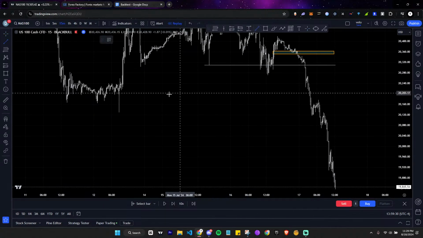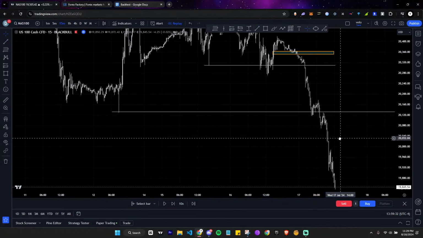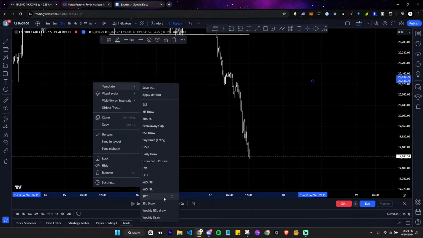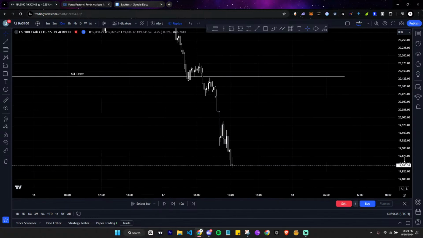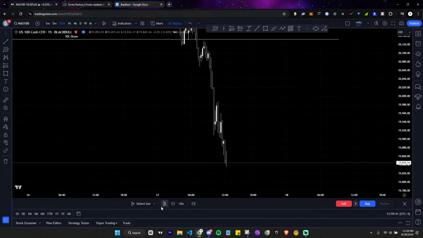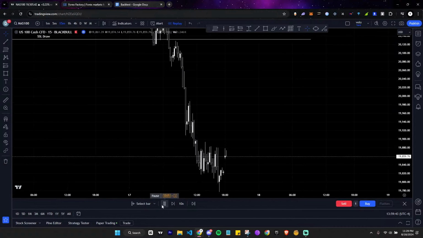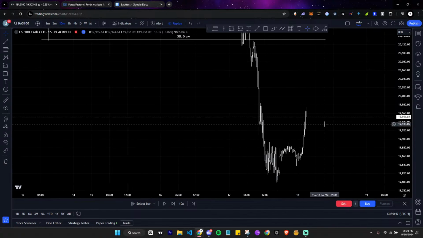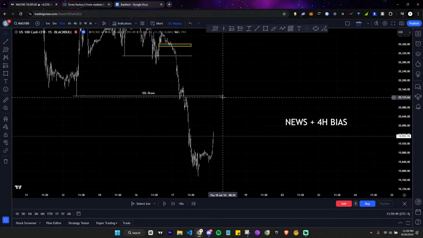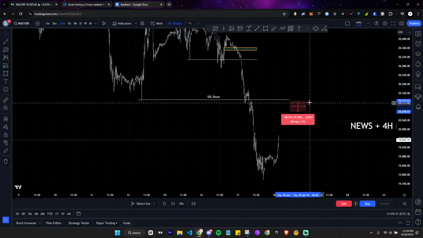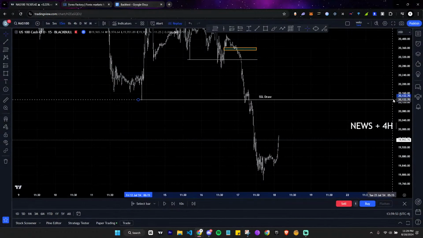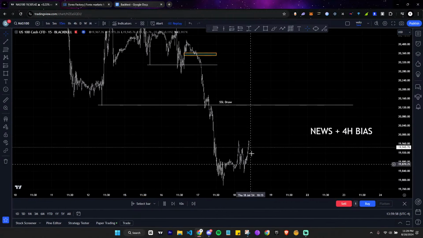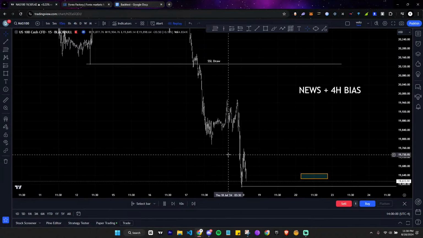So you see, this is a sell-side liquidity draw. Ideally, I would want price to come back. Ideally, I would want price to displace above this.